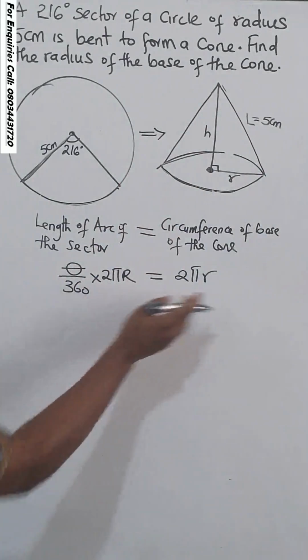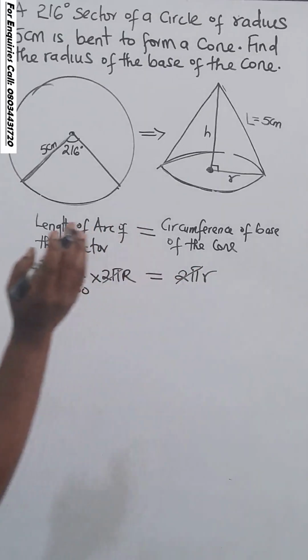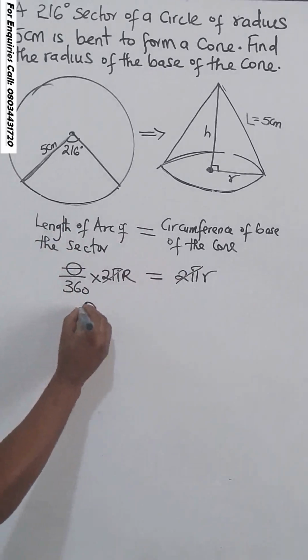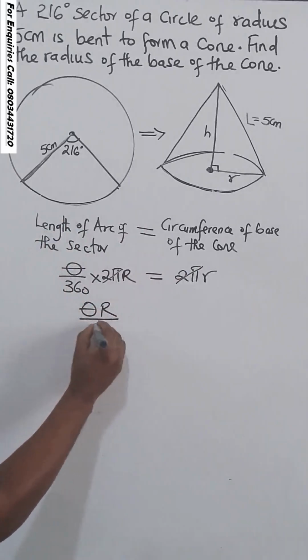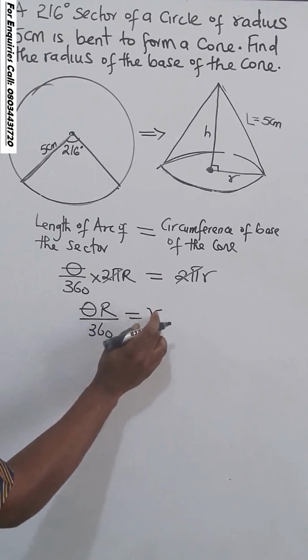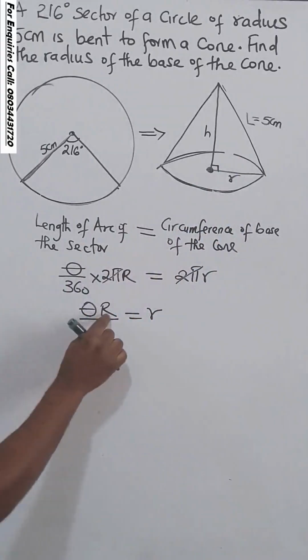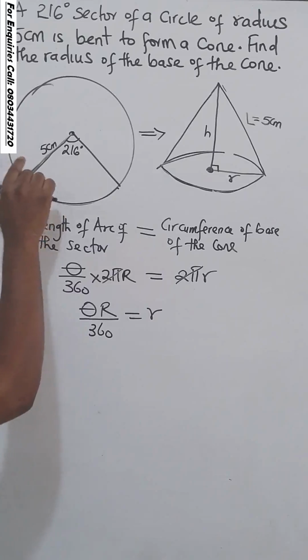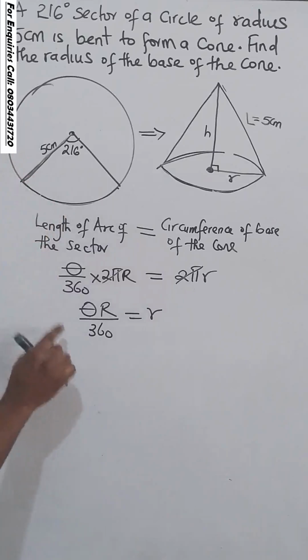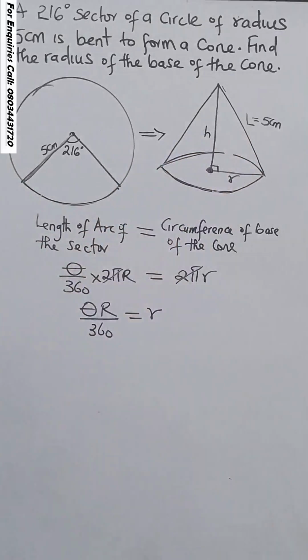So how do we do that? You find that something is common. This 2 pi is common, it will go. So what we now have is theta r over 360 equals r, where this r is the radius of the cone, and this R is the radius of the sector, which automatically becomes the slant length of the cone.